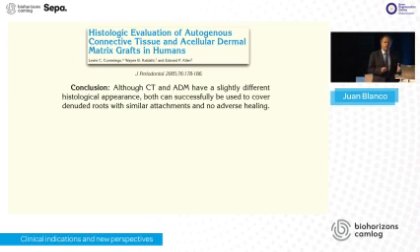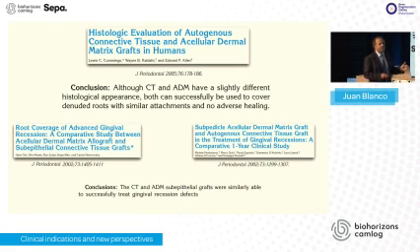And not only do we have information from preclinical studies, as we saw with this study in vivo and also in vitro by Professor Sculia, but we also have some information coming from the allograft dermal matrices. From a clinical point of view, in these 3 studies, clearly we can see that there is no difference in terms of root coverage when we use a connective tissue graft or an acellular dermal matrix.